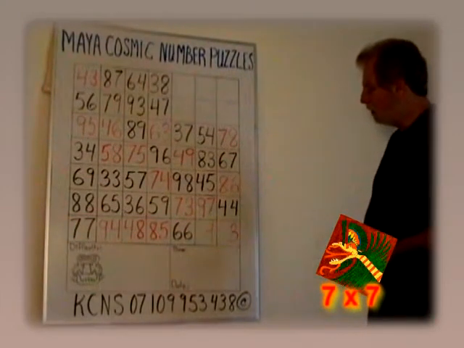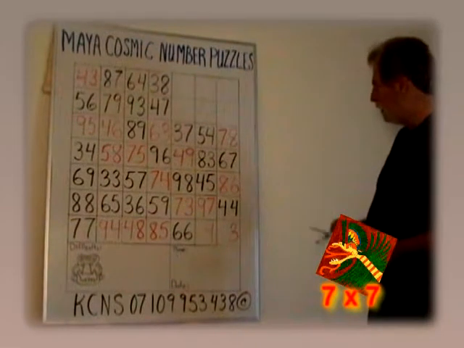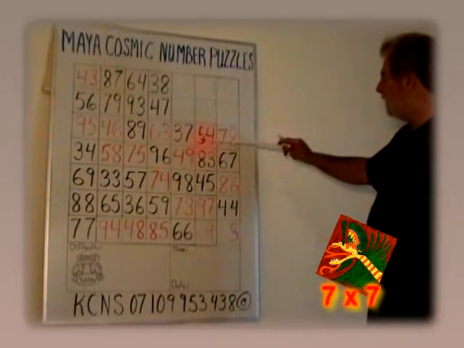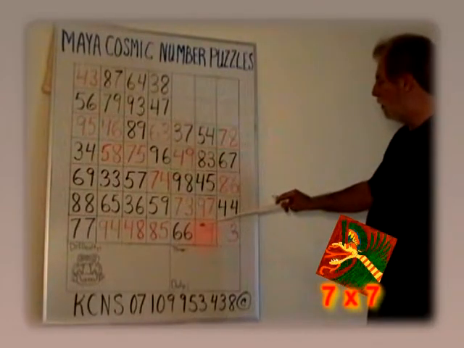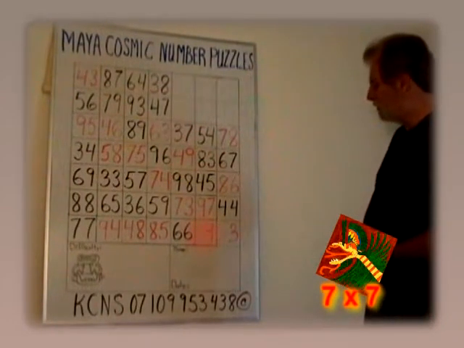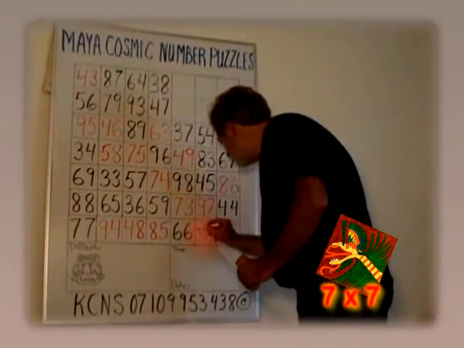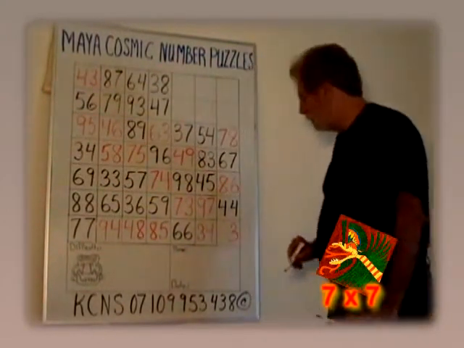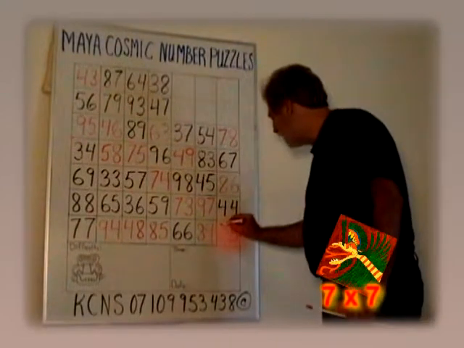So we are missing both a 3 and a 5. We check the columns. We see that we have a 5 here. So there cannot be a 5 here. This must be the 3. And if that is a 3, then this position here must have the 5.